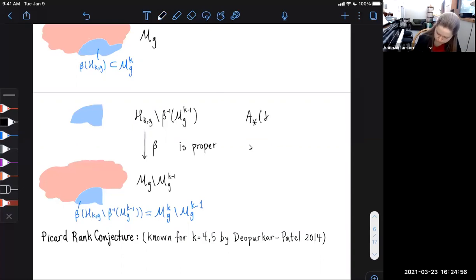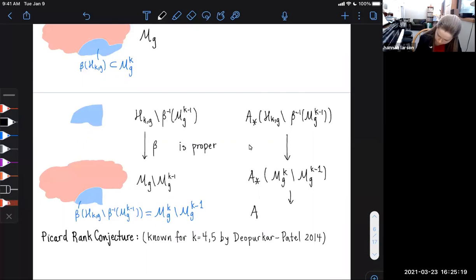So I can talk about push forwards on Chow groups. We have A star of H_{K,G} minus curves of lower gonality. It maps onto the Chow groups of the image, which is M_G^K minus M_G^{K-1}, and I can push those all the way forward into M_G minus M_G^{K-1}.